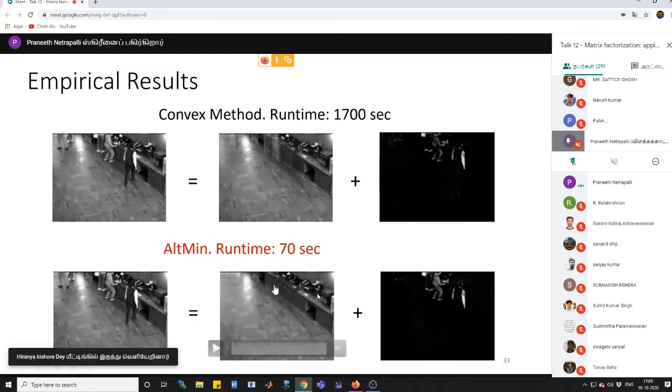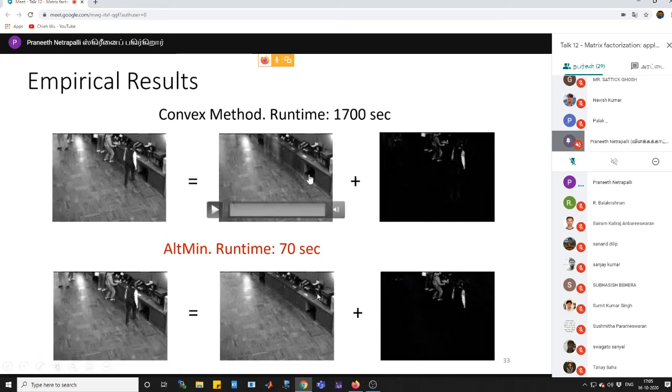This is just the original video, exactly the same. This is the background from the convex method and the foreground given by the convex method. This is the background given by the alternating minimization, and this is the foreground given by the alternating minimization algorithm. As you can see, the runtime of the alternating minimization algorithm is much better compared to the convex method. Let me show you the video.